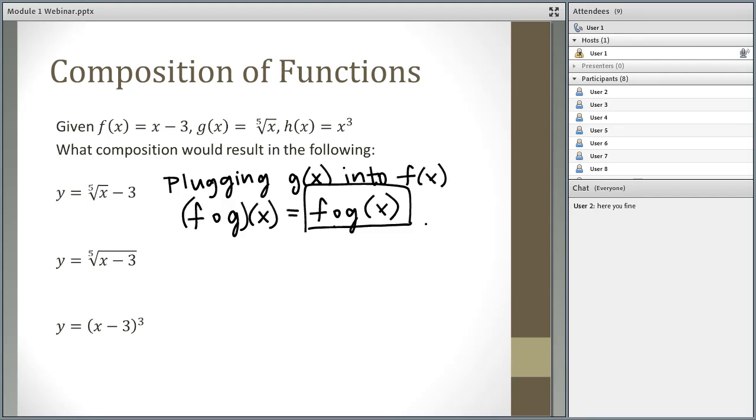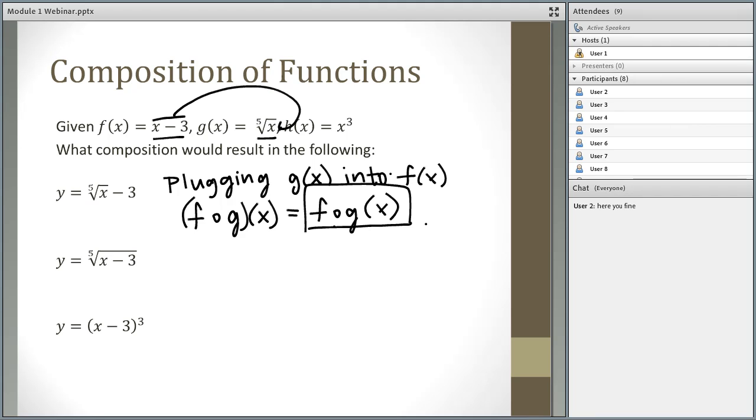So looking at the next one, I have the fifth root and the x minus 3, the whole thing is under the fifth root. So again, I feel like I'm working with f of x and g of x because I have the x minus 3 and I have the fifth root. So how would I get the fifth root of x minus 3? It looks like I would take x minus 3 and plug it in for x.